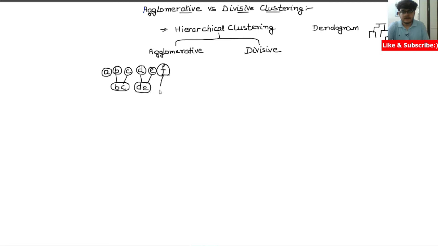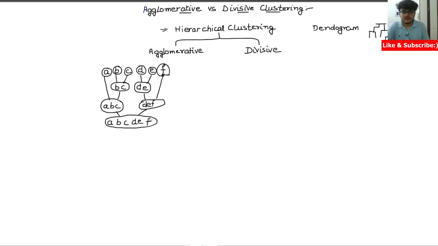Then in the next iteration, I will combine D, E and F in a single cluster. And then I will combine, let's say, A, B and C in a single cluster. And finally, I will combine these two clusters in a single cluster, something like this, right?